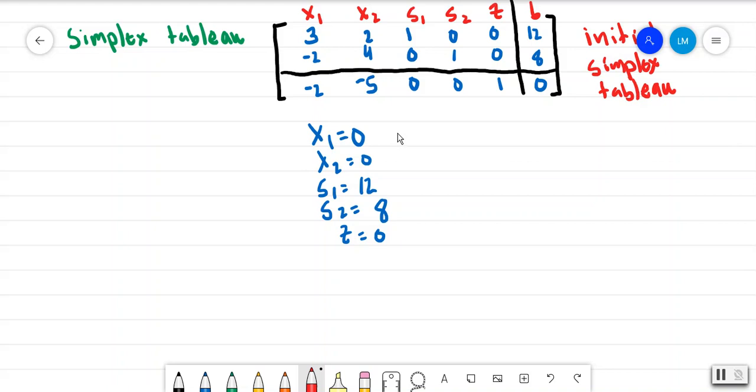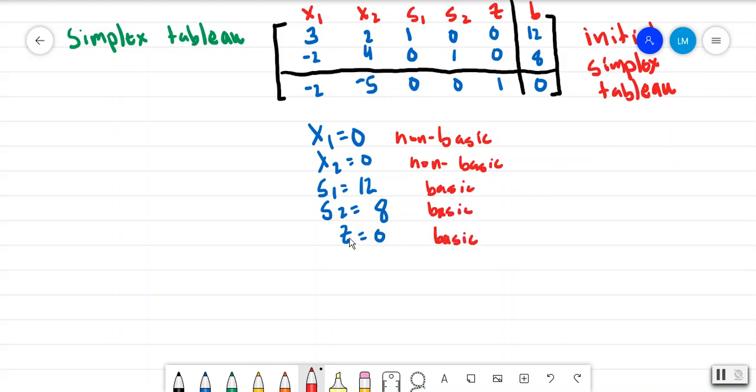So I'm just going to put right here that the terminology for x1 is that it's non-basic because there's no pivot. Whenever something's non-basic, it's just 0, or whenever there's no pivot, if you want to look at it like that. So this one right here is also non-basic. And then here, these are basic, basic, and basic.